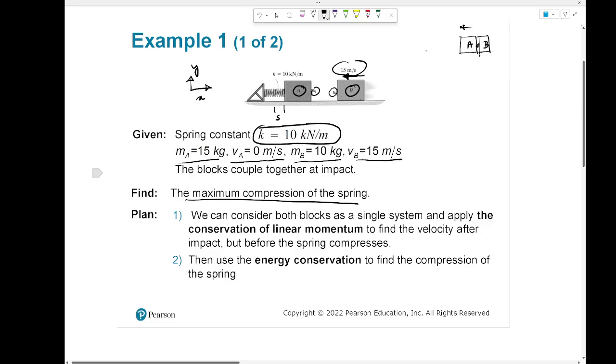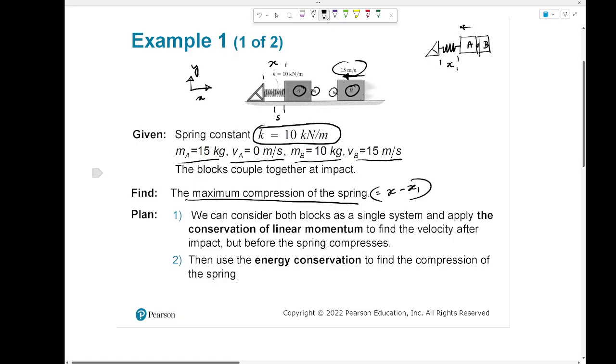Initially our spring was located at a certain position, and then it will have this compression. So if this is your x and this is your x1, the maximum amount of compression is going to be x minus x1.